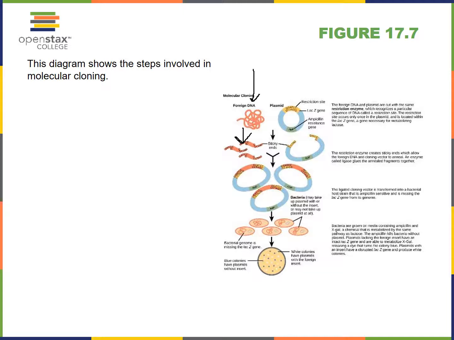So this would be the human insulin gene, and then on either side of it you would have a site for a restriction endonuclease cut. You would digest your cassette and your plasmid with the same restriction endonuclease. That means their sticky ends would be complementary to each other.